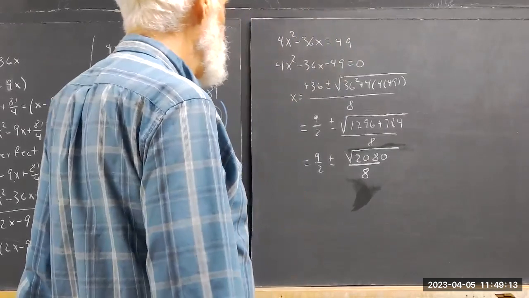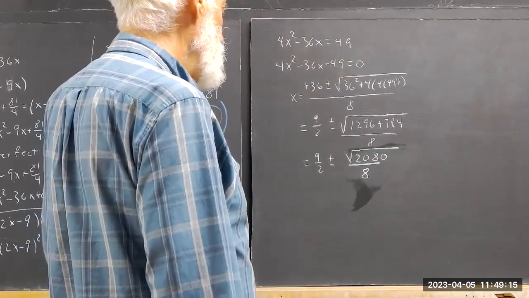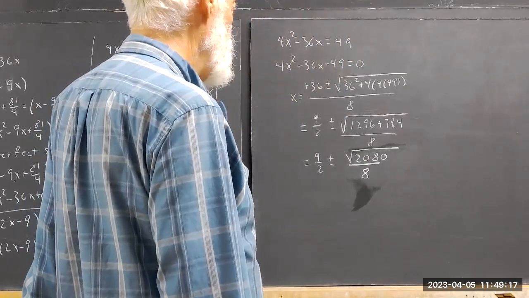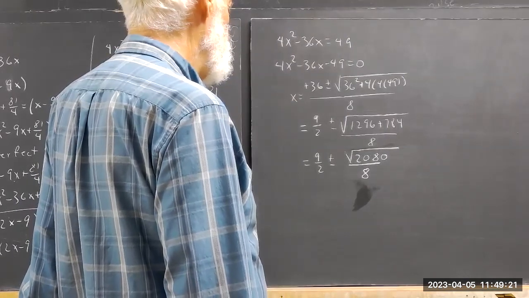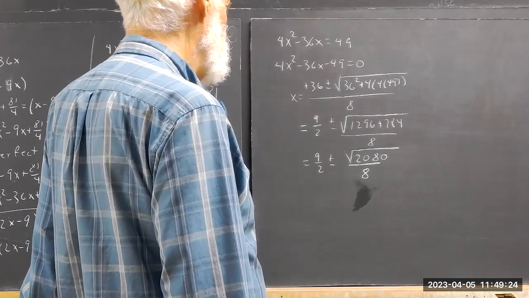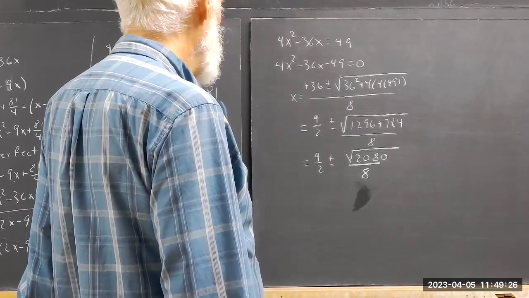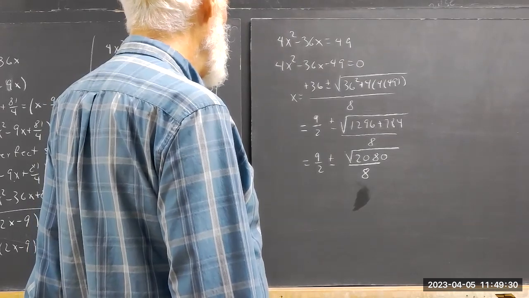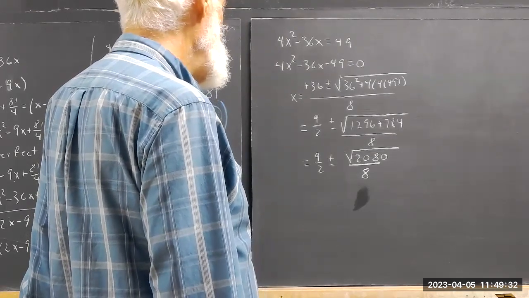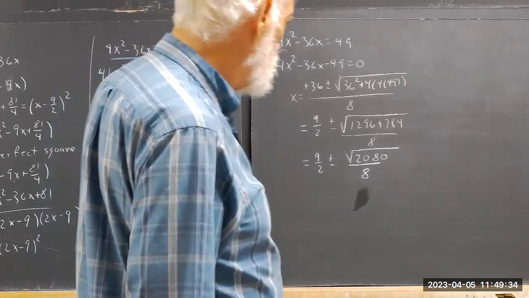In a prime factorization, 2,080, 2,000 would be... I'll do that in my head. It would take too long.